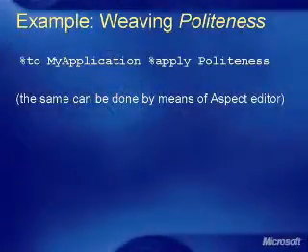The AOP annotations are represented in bold, and you can see that the rest of the source code is just ordinary source in C#. And this is a construct in our meta language which defines how to apply an aspect to some application. Of course, the same can be done by a special GUI.